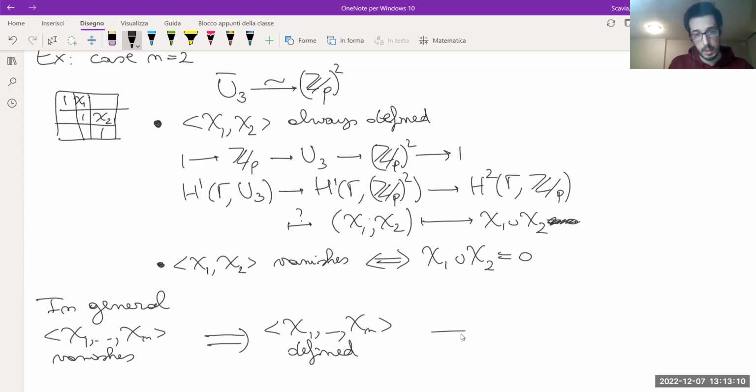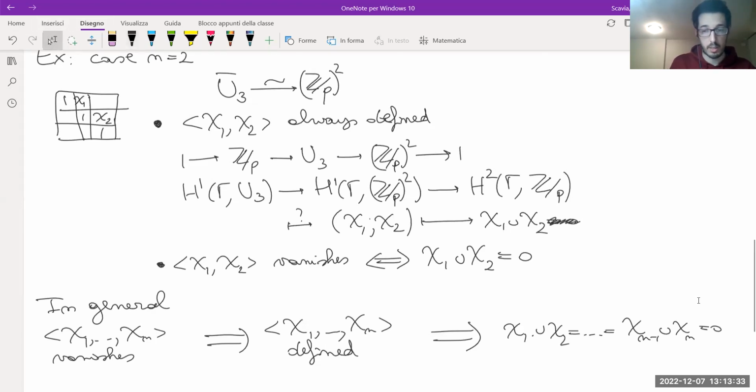And then if it is defined, then at least all the cup products of consecutive chi-i's vanish, basically by this n equals 2 case that I explained.